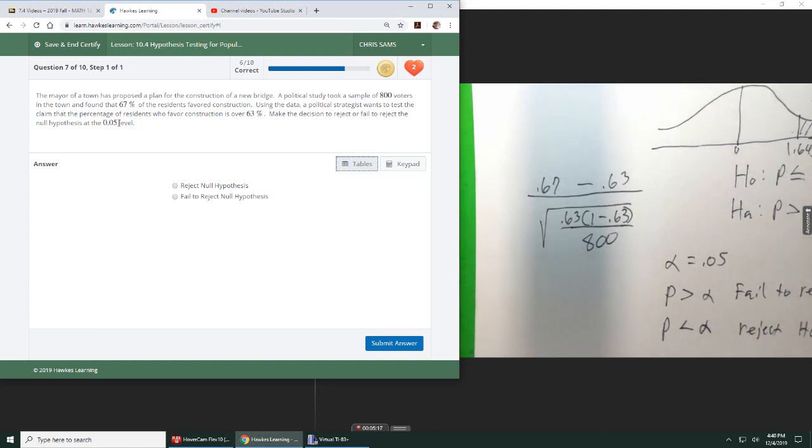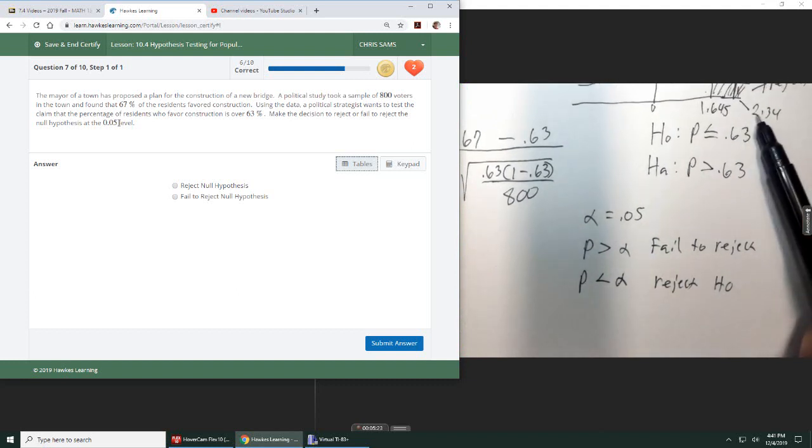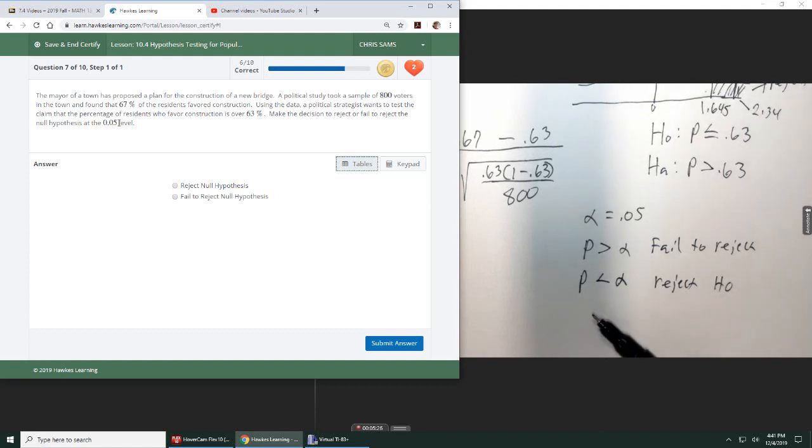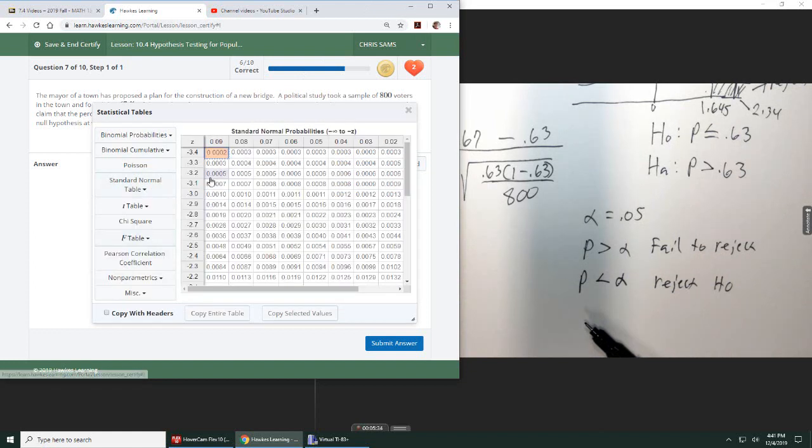So let me show you how we interpret this. According to our test statistic, we got 2.34. If we go to the normal table and look up the area to the right of 2.34, which is the same as the left of negative 2.34, we get 0.0096.